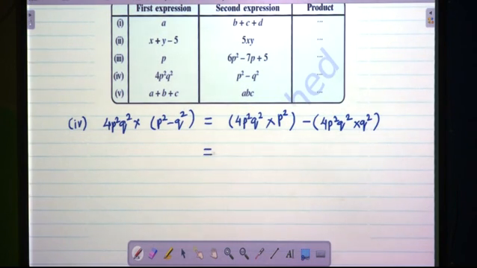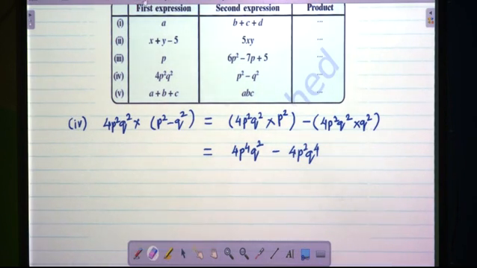This becomes 4p square q square into p square, 4 p raised to 4 q raised to 2, minus 4p square q square into q square, 4 p square, that is p raised to 2, and q square into q square is q raised to 4. This is the answer of the fourth one.